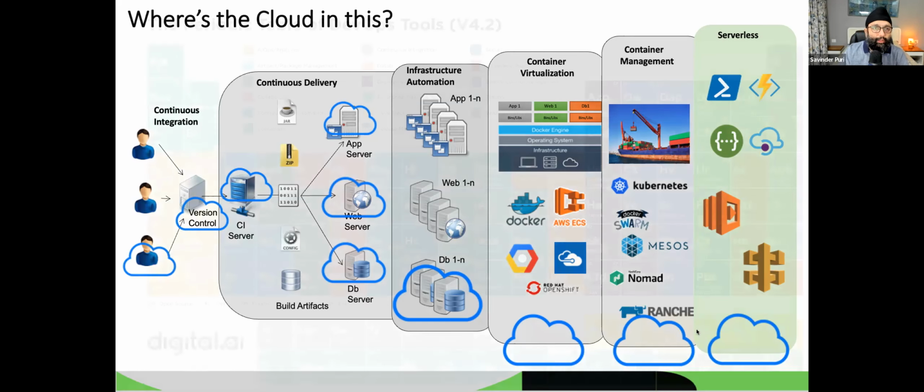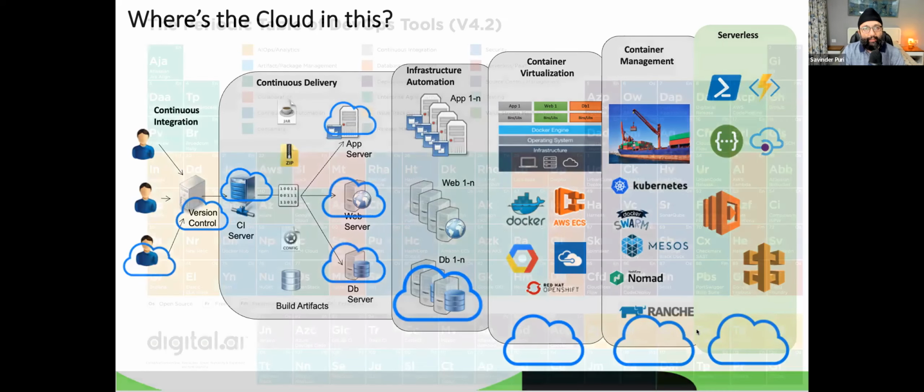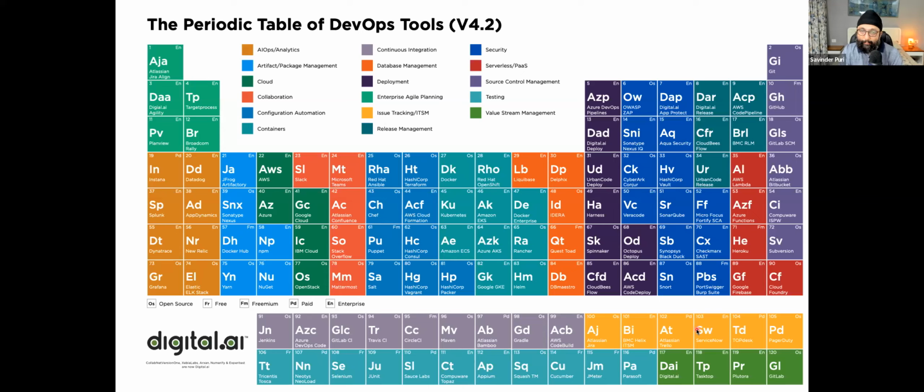So let's have a look at the periodic table of DevOps tools. This would give you a view of the complexity of the tools out there. This has been created by digital.ai. If you just search for periodic table of DevOps tools on Google, you will get it here. What we are talking about is basically a collection of various tools in relation to the kind of tools they are. For example, this green one is cloud.